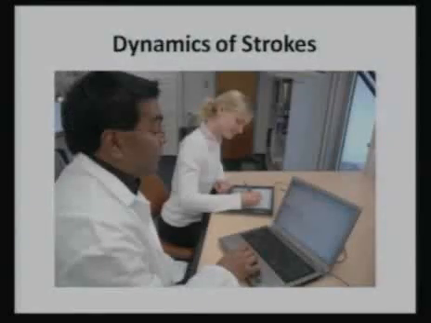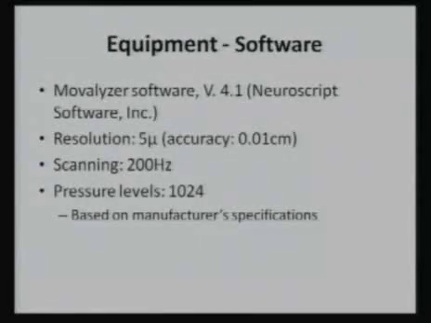So basically, this was how we took the samples. The person would write one check, put it down, write another one, put it down, and so on. They couldn't see what I was looking at on the screen, but I was seeing their movements in real time, and they were quite interesting. We used Movilizer software version 4.1, and I think they're probably up to 7, Mike?